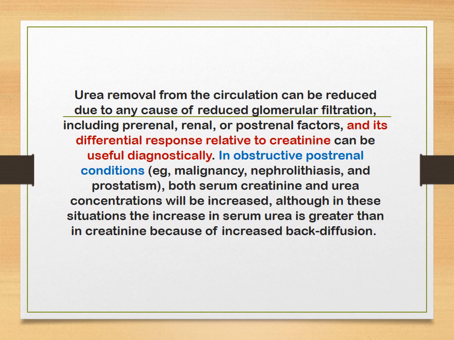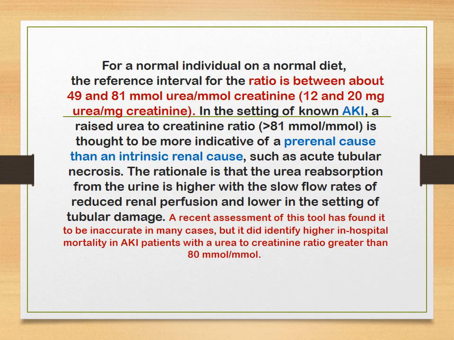So outflow obstruction due to a tumor of the prostate, a tumor of the bladder, or a stone will affect creatinine more than urea. That results in a low ratio of urea to creatinine.